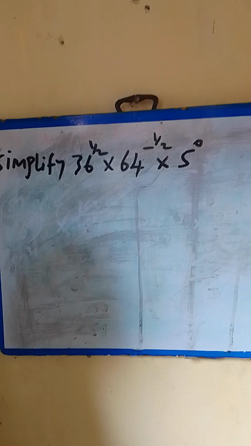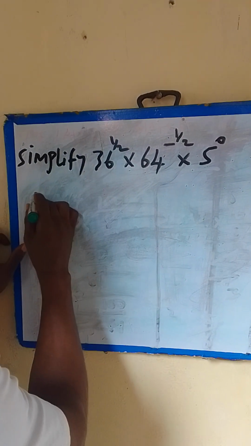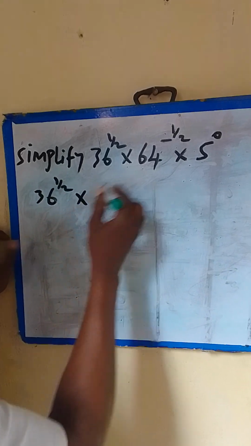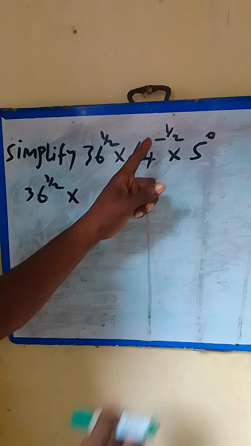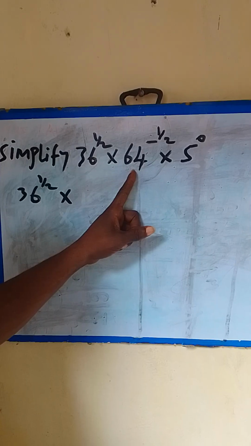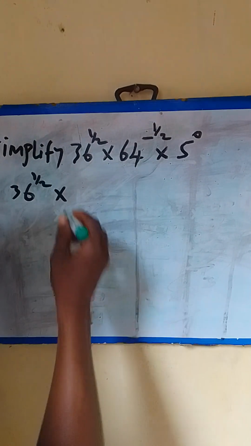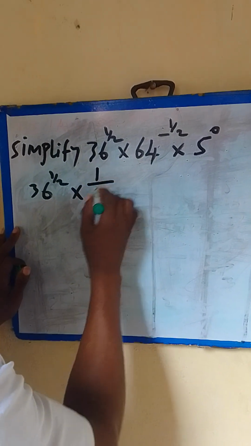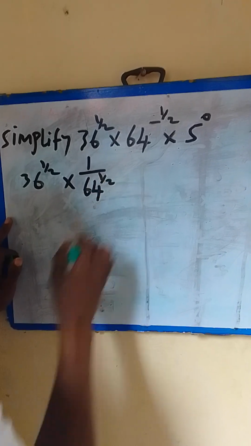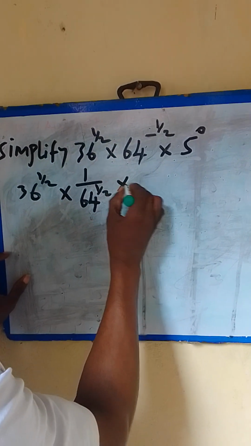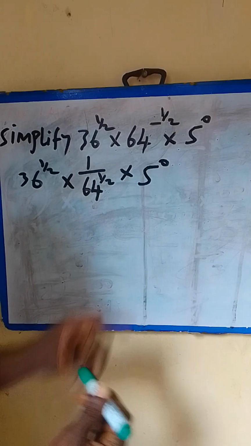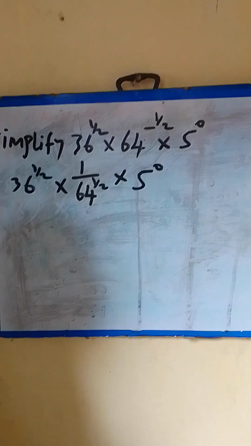So you are going to have 36 raised to power half times, to clear the negative index, you remove this minus and take the reciprocal of the base: 1 all over 64 raised to power 1 all over 2, times 5 raised to power 0. Now we have removed the minus index.